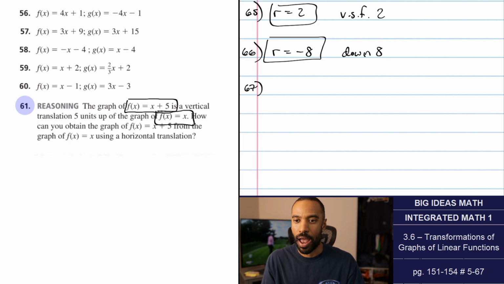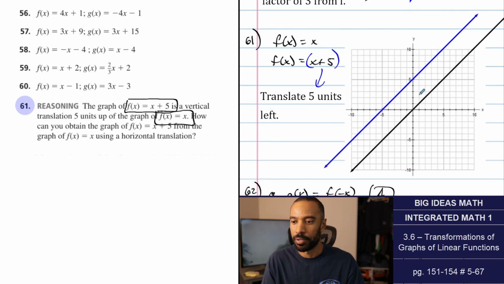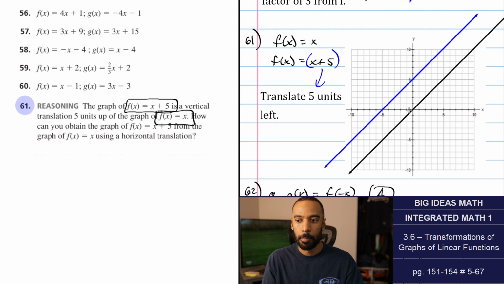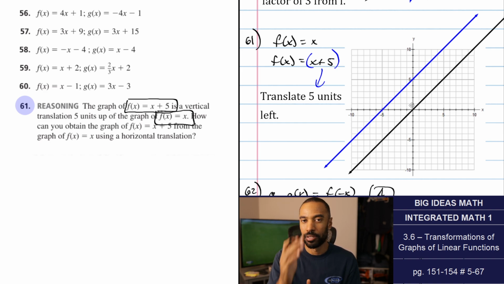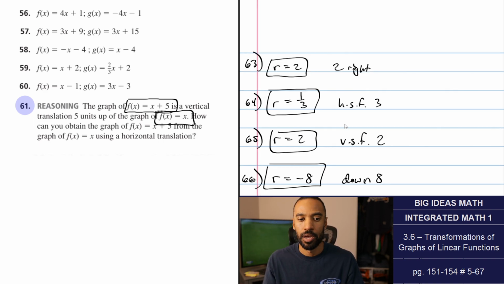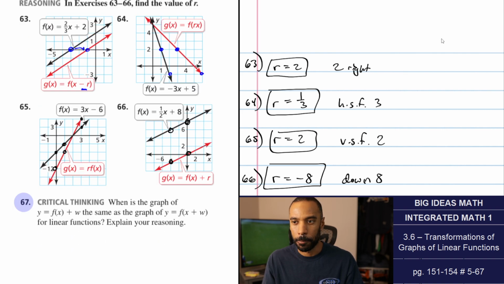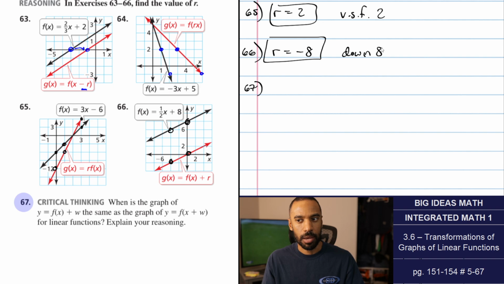So when I did my graph on this question number 61, going 5 left, it was the same as going 5 up because the slopes were 1. But if the slope was 2, going 5 left means I'd have to go 10 up. So those wouldn't be the same. So the plus w thing would have applied when the slope was 1. But in other cases, that might not be the case.